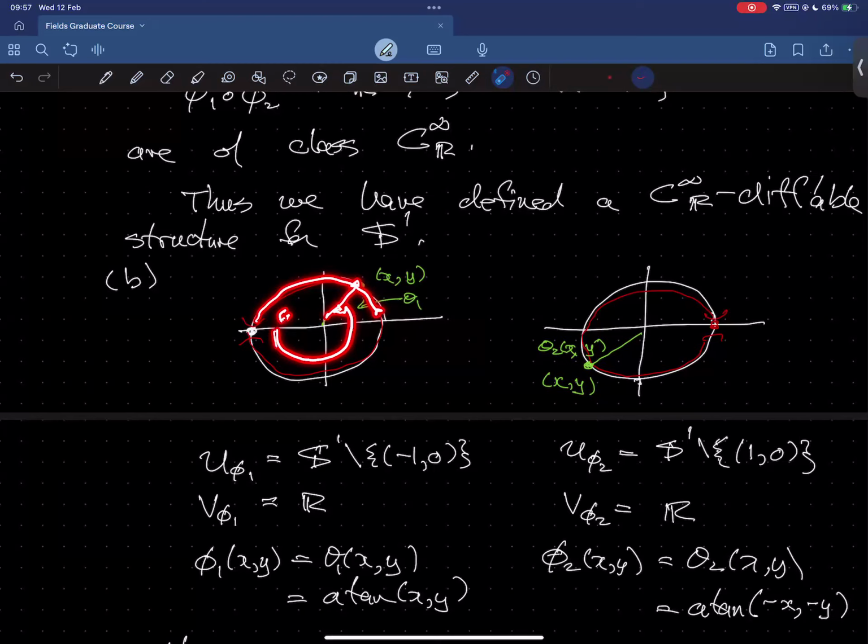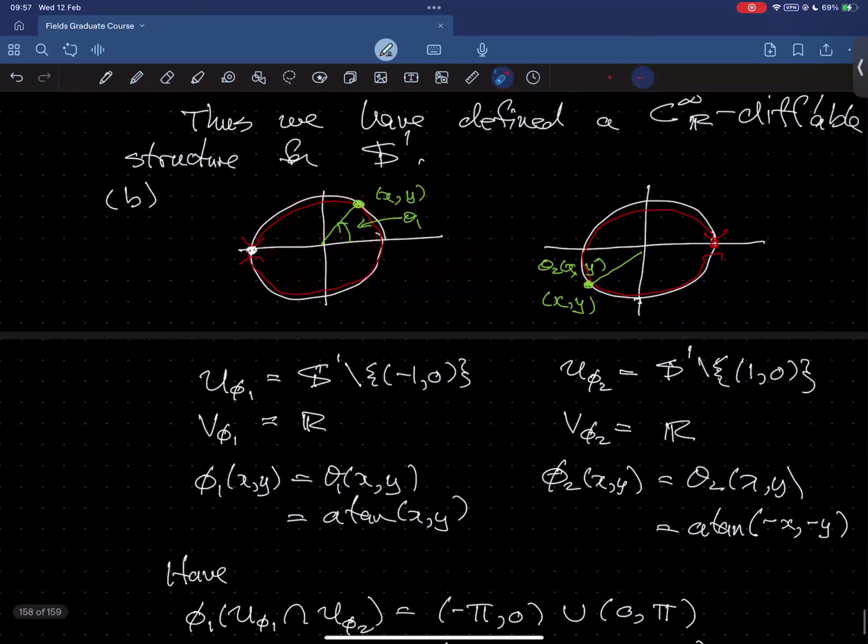And so what will it be? Let me make sure I get this right, sorry. Like I said, I very often screw this up. So theta 2 is going to be this angle.